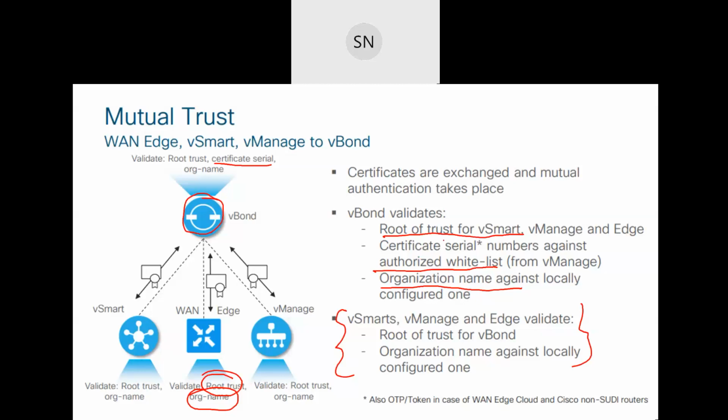They need to have the root trust, the serial number, the certificate serial, and the organization name matched between all these three devices. Again, vManage validates that: I do have the trust for vSmart, does my organization name really match with what they have, and what is the certificate serial number that they have? Is that part of the authorized whitelist?